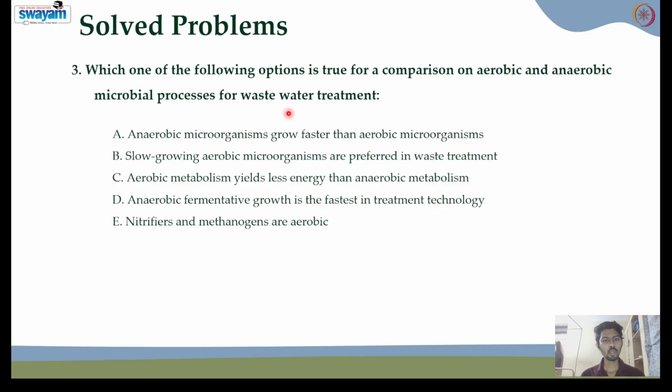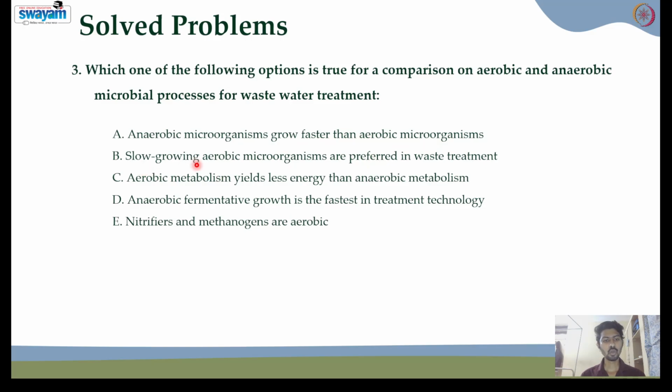Which one of the following options is true for a comparison of aerobic and anaerobic microbial process for wastewater treatment? I will repeat, which is the true statement regarding the comparison of aerobic and anaerobic microbial process. Option A, anaerobic microorganisms grow faster than the aerobic microorganisms.